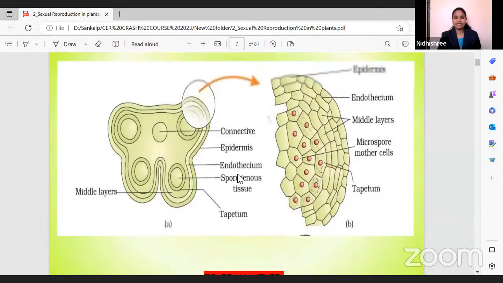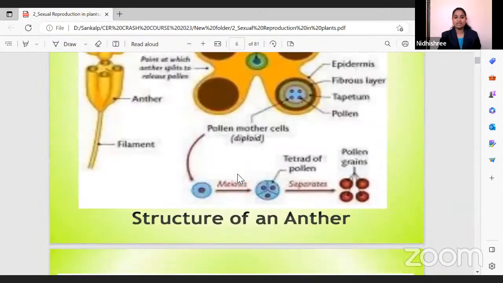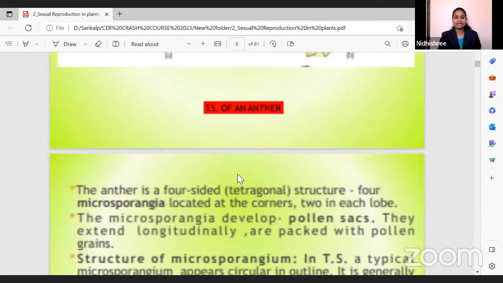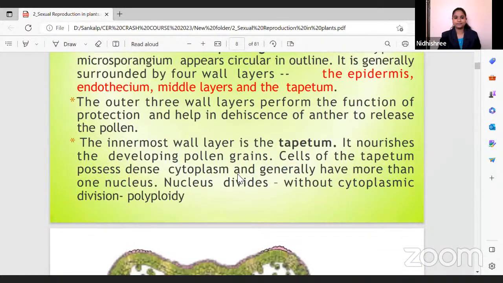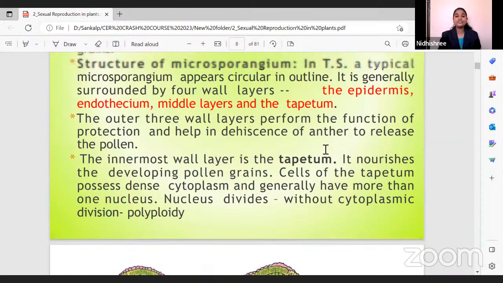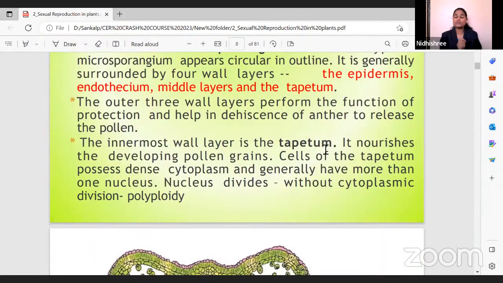Tapetum is a protective layer around the pollen sac. The innermost wall layer of the microsporangium is called tapetum.